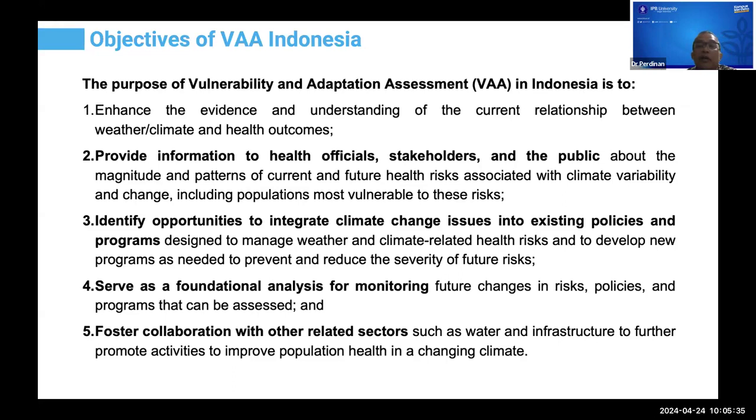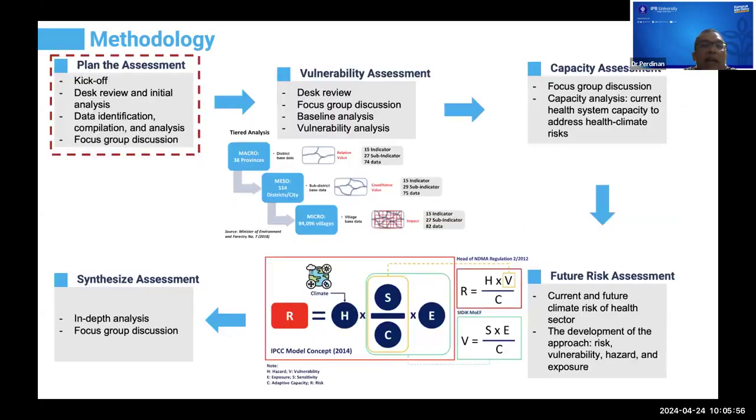That's why we also developed a web-based portal to consolidate the output of this assessment, so it's not just a book. And the last one is to foster collaboration with other related sectors such as water and infrastructure, to further promote activities to improve population health in a changing climate.